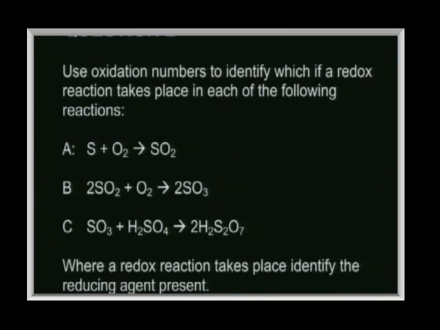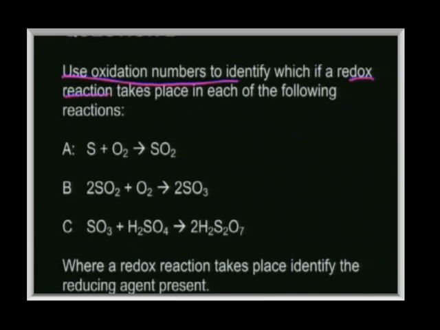In question 2, we're going to look at how we can use oxidation numbers to determine whether a reaction is an oxidation-reduction reaction or not. They ask us to use oxidation numbers to identify which of these are redox reactions.